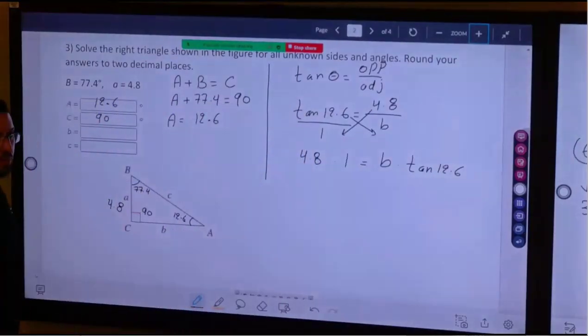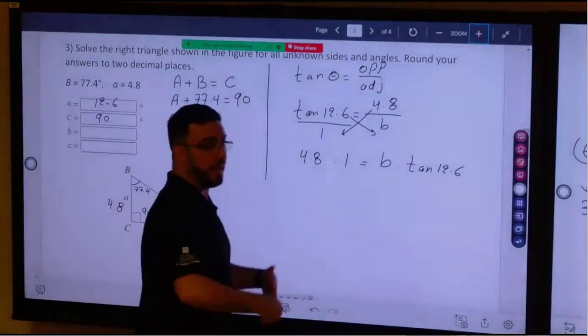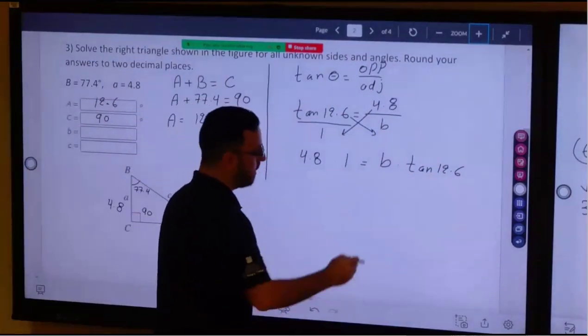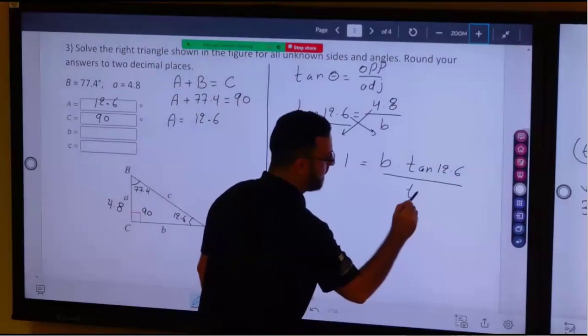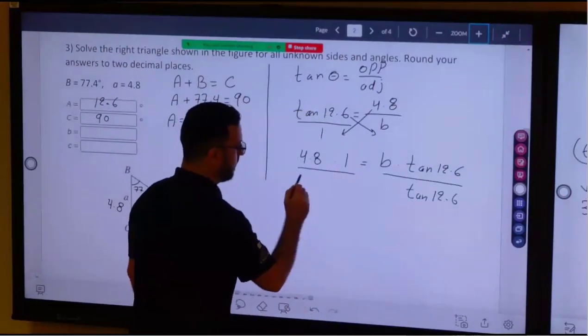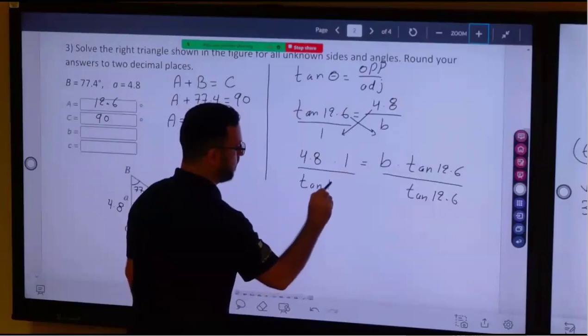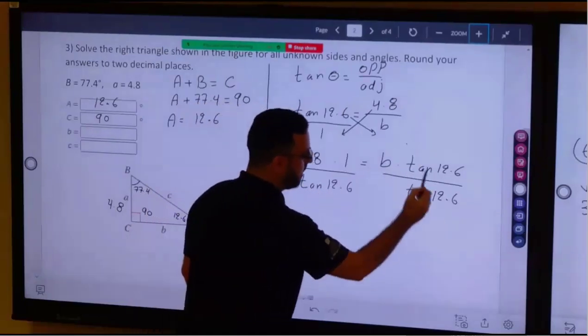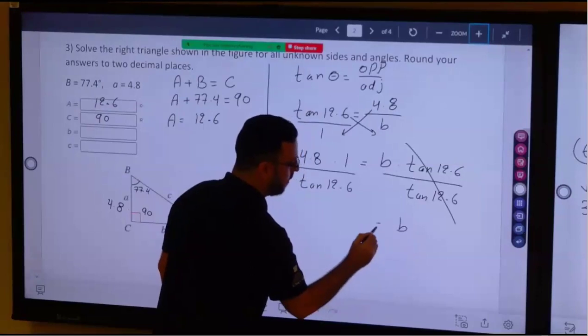Next step, divide by tangent 12.6 on both sides. Cancel here, that means the value of B equals what?